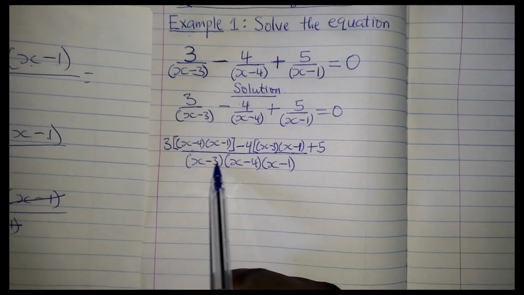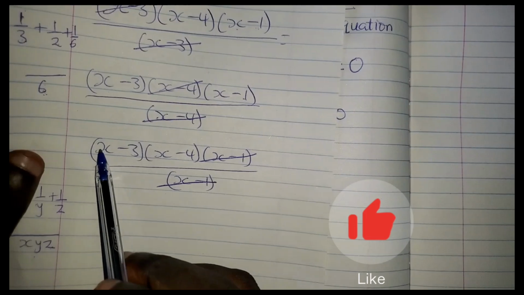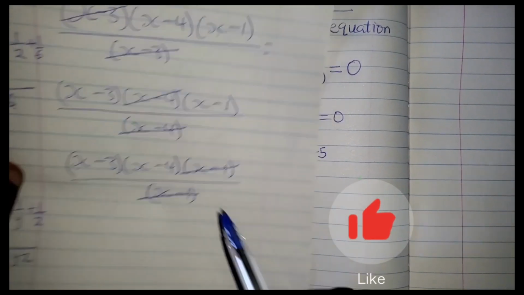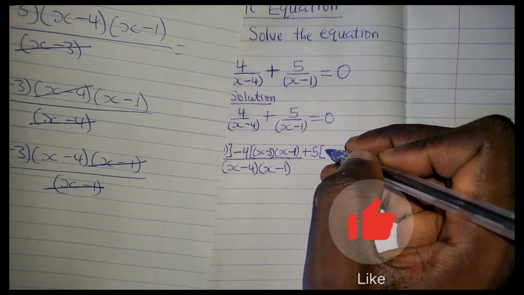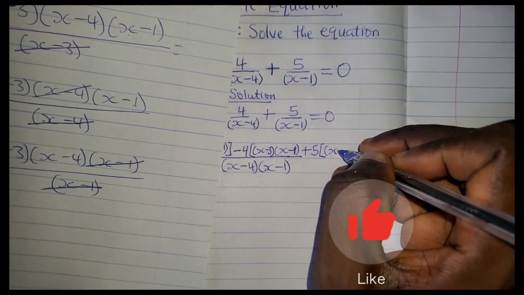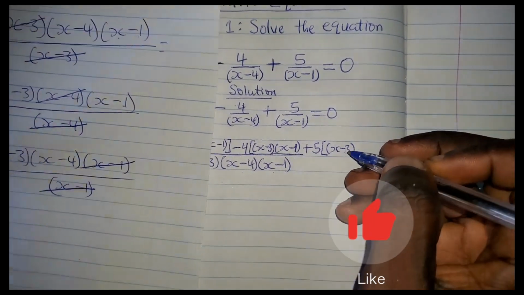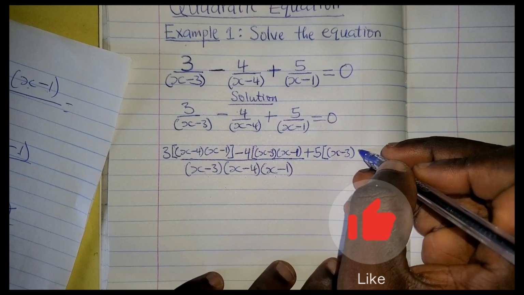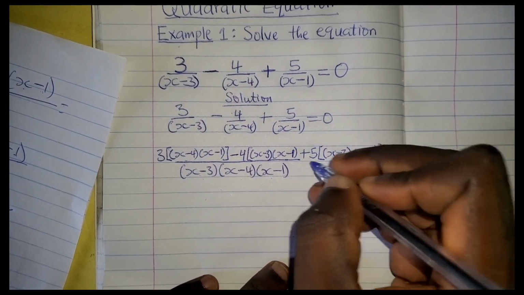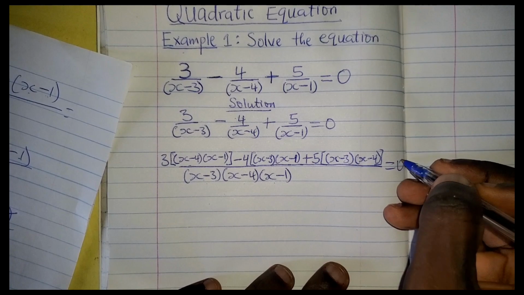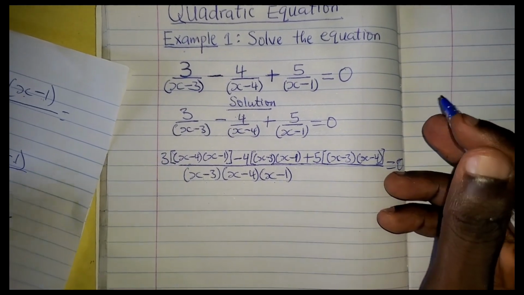So if I divide the LCM here by this, I'll be left with x minus 3 and x minus 4. So I will then use this to multiply this 5. I will have x minus 3, x minus 4. Everything equals to 0.